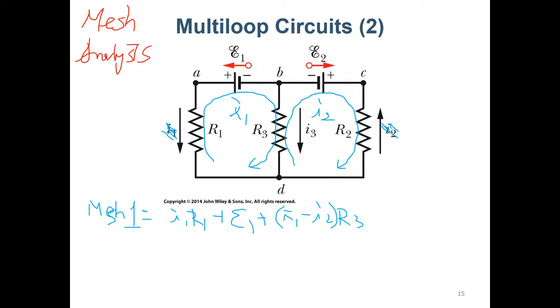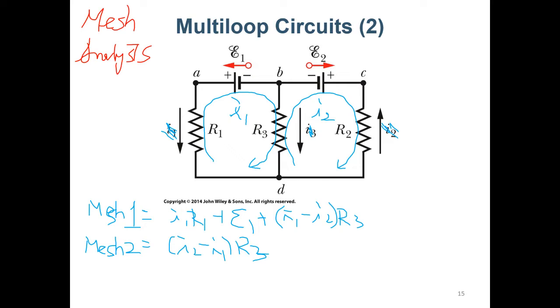So for mesh 2, we do the stuff similarly. So we will have I2 minus I1 R3. We start from R3. So from the point of view of I2, this is a voltage drop. So I2 R3 is positive.